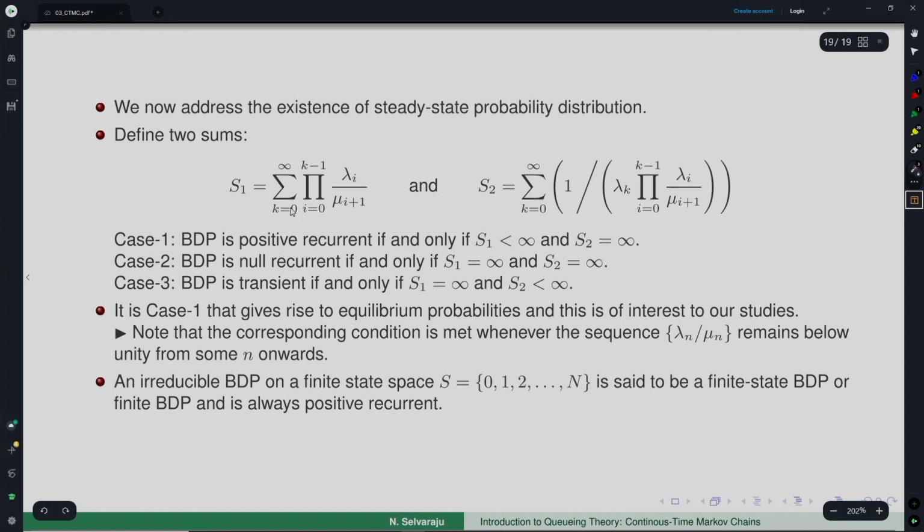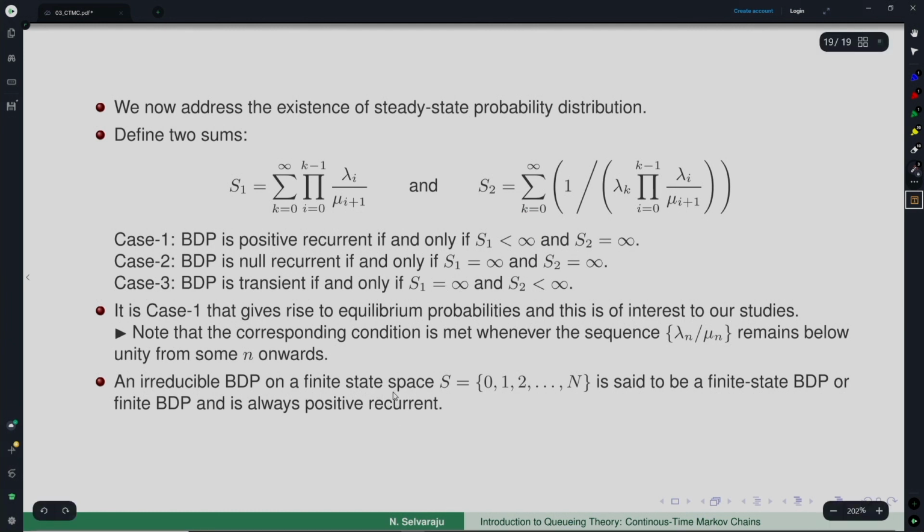But mainly our interest is whether the chain is positive recurrent or not. In that scenario, S2 is infinite, obviously you have to verify, but we will be concerned mostly with whether S1 is finite or not.